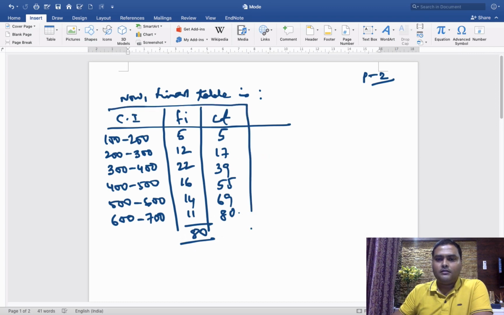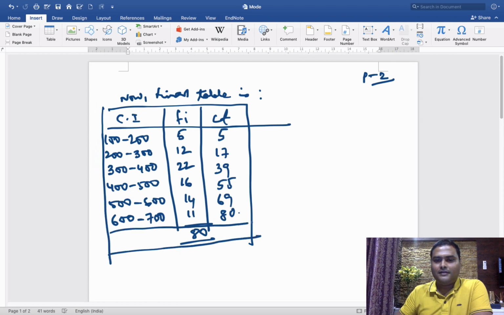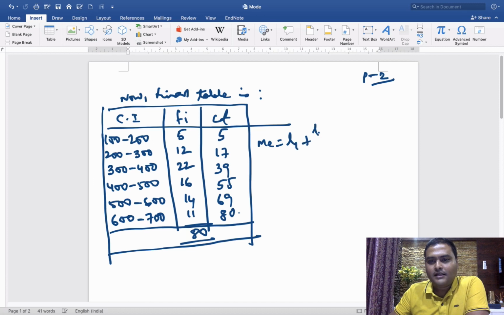Okay, so let me make it a little bit better to see. Now, what is the median formula? The median formula is L1 plus L2 minus L1 divided by F, into n by 2 as it is median, minus the previous class cumulative frequency.